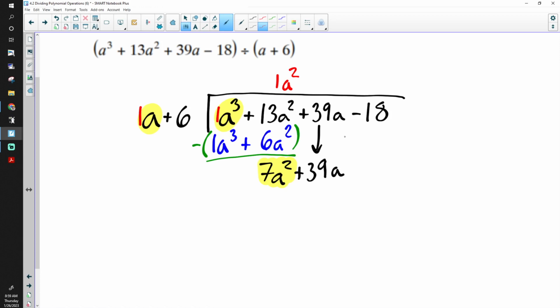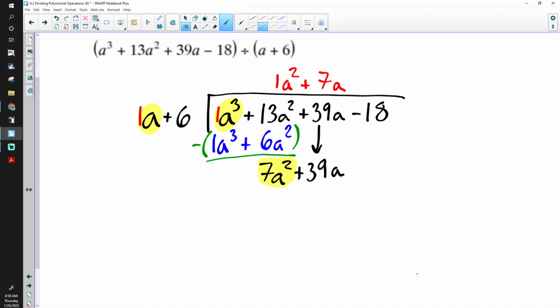What will I multiply 1a by to turn it into 7a squared? Yeah, I like to break it down and be like, okay, before I deal with my a's, what do I multiply 1 by to get 7? Well, I definitely need to have a 7. And then you can either just look right underneath and be like, oh, it needs an a, so it matches up. Or you can think, I have an a, I need an a squared, so I need one more a.